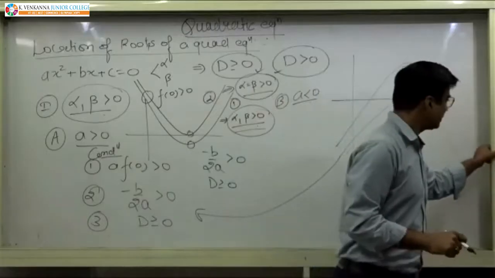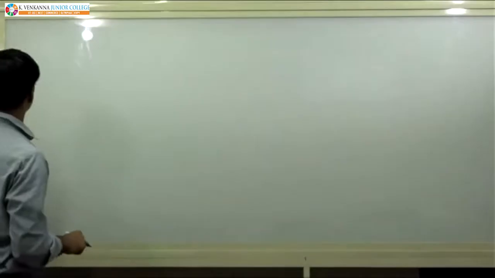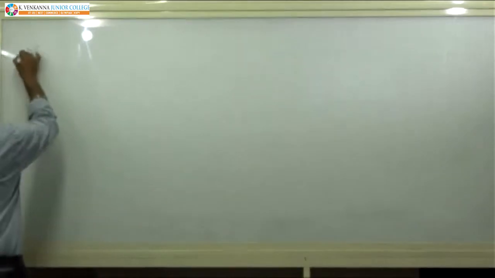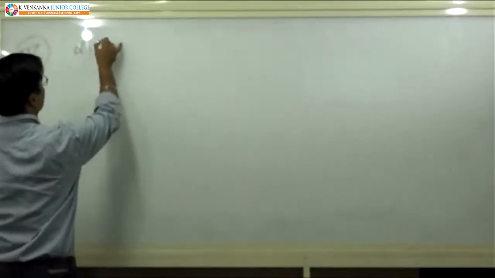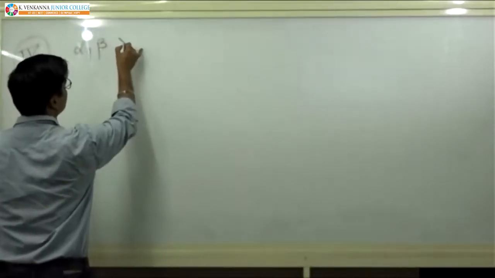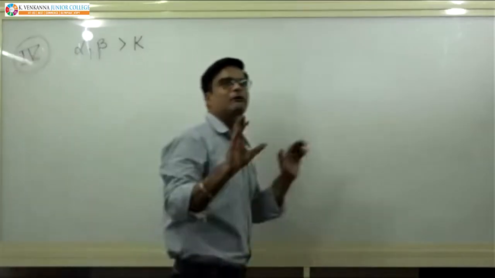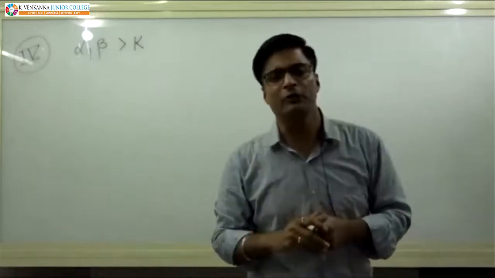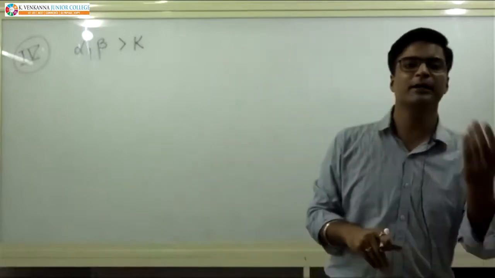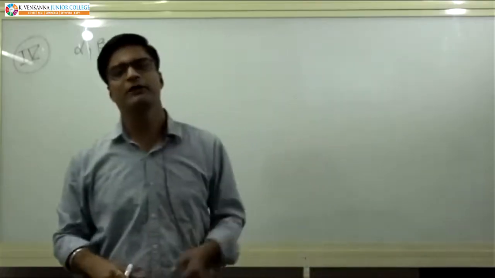So I'll cover here the fourth case. Let's say alpha and beta both are greater than k. Now k can take any real value, let's say -1/3, √3, √5, any value.